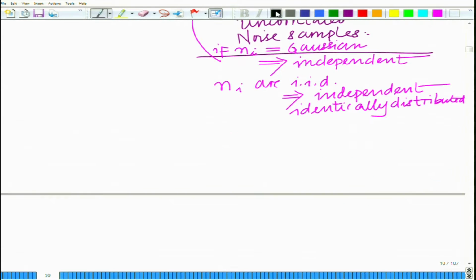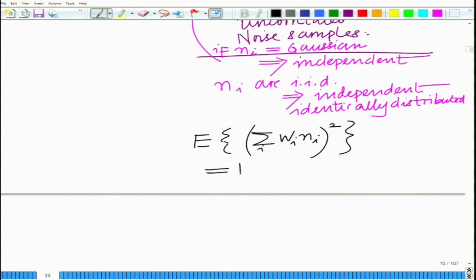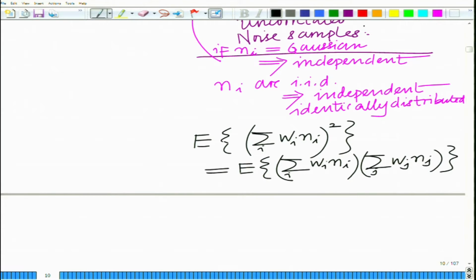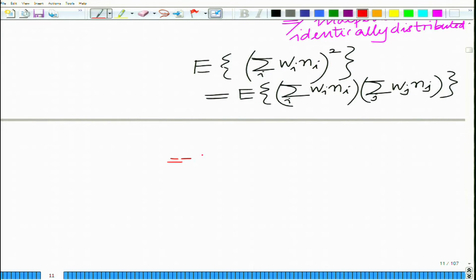Now if you look at the noise power, that is the expected value of summation over i of Wi Ni, whole square, this becomes the expected value of a quantity times itself, summation over i Wi Ni times summation over j Wj Nj, which is equal to the expected value of, multiplying it out, summation i summation j Wi Wj Ni Nj.